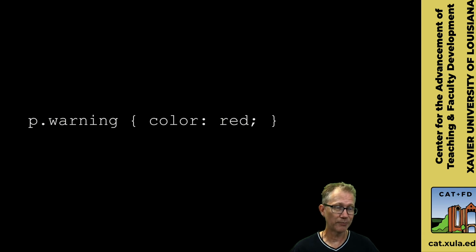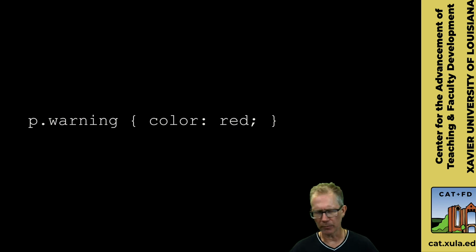To give an example, a paragraph in the warning class should be made red. That's what this style rule says. As you can imagine, this means that instead of making every paragraph red, we're only going to make certain paragraphs red. Paragraphs that are in a class called warning.